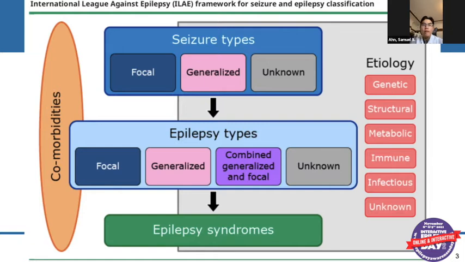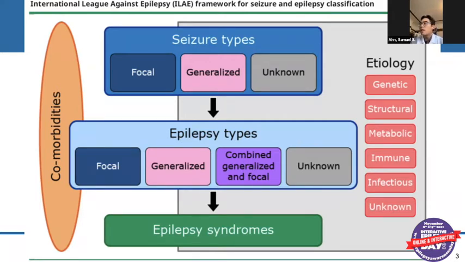The ILAE releases statements about epilepsy, combining more recent research and discoveries that we've made to update their findings and how we can understand the epilepsy.